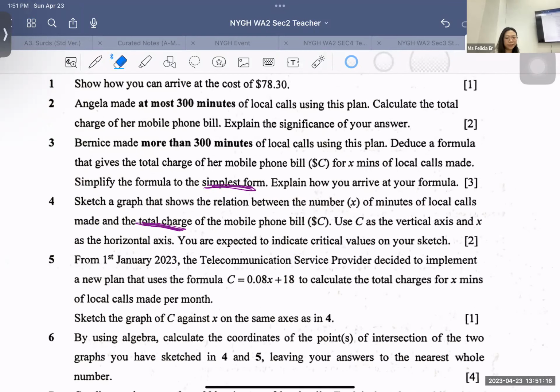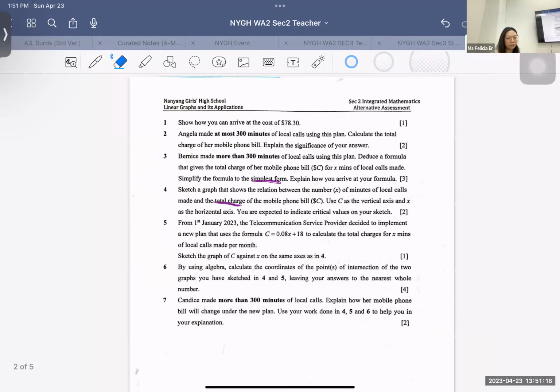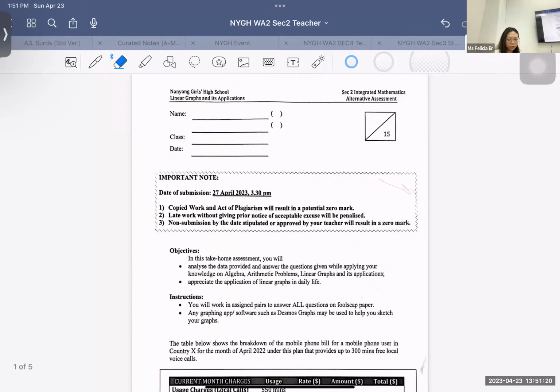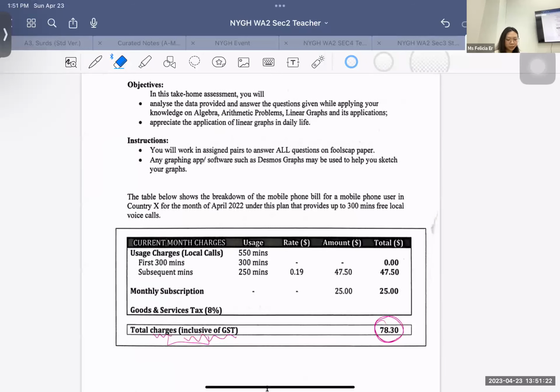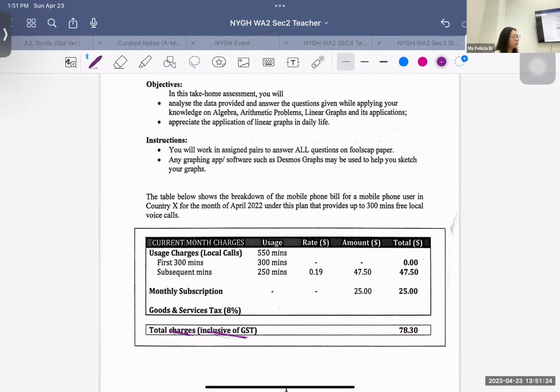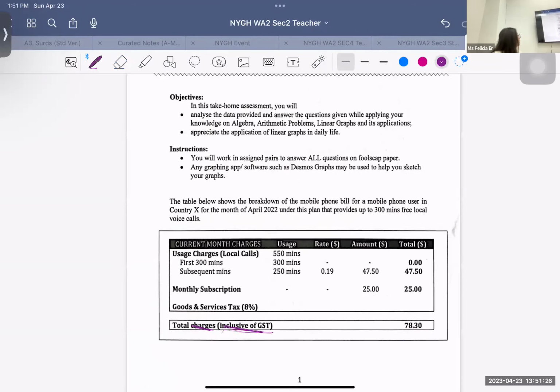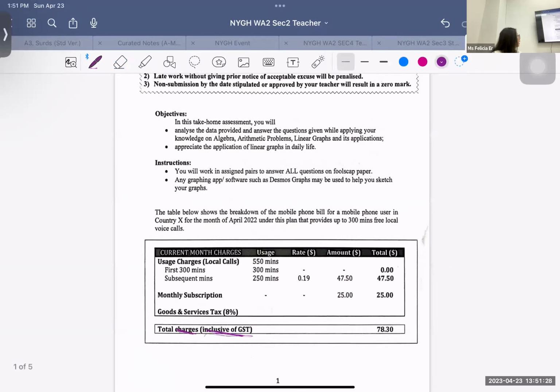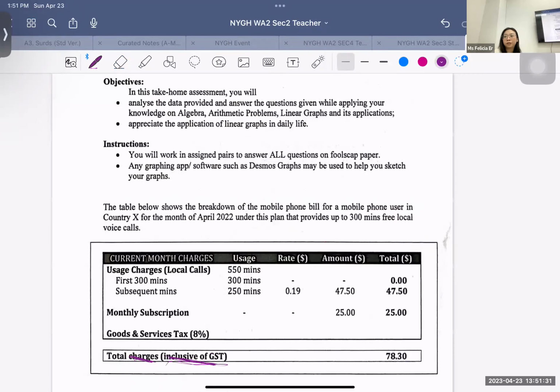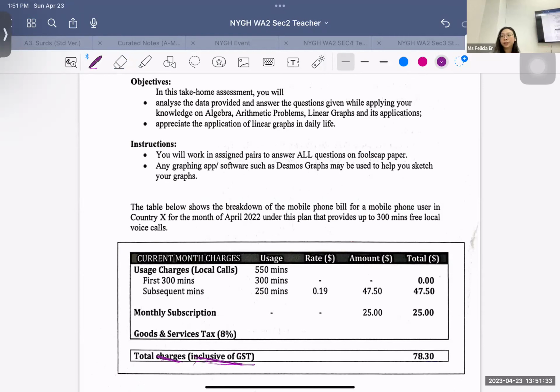And we can already see in this particular page, charges includes GST, inclusive of GST. I had questions before, like how do I know if it includes GST or not? Then you just need to take a look at the information sheet at the front. They definitely will give you clues to indicate whether charges includes GST or not.